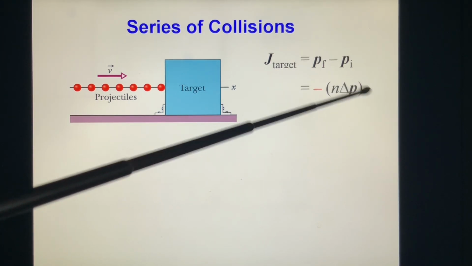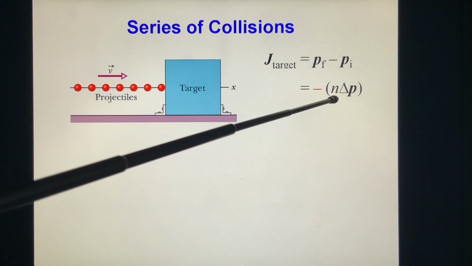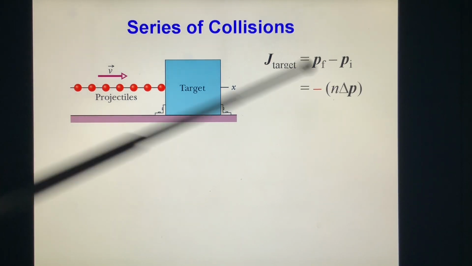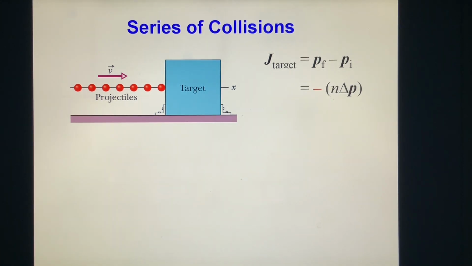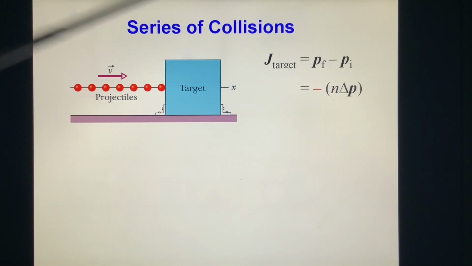This delta P is the linear momentum change for each projectile. How many? You have n per second, n per unit time. So in total, their change is n delta P, and the target is minus, just opposite.